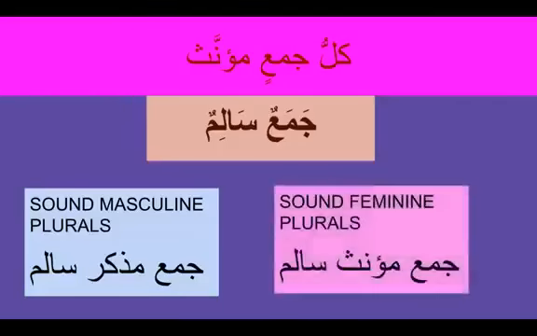And we got Jama' Muannath Salim, where marfu is atun, like muslimatun, and atin in majroor and mansoob form, muslimatin, muslimatin. So these are the plurals for humans, or aqil plurals.